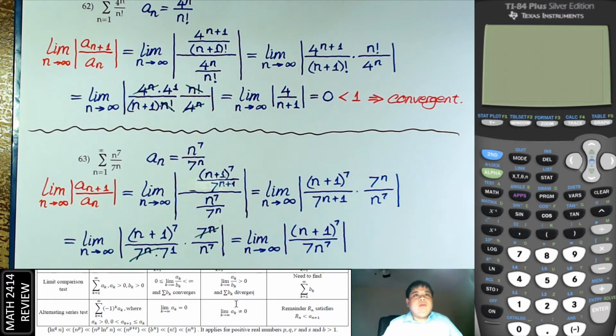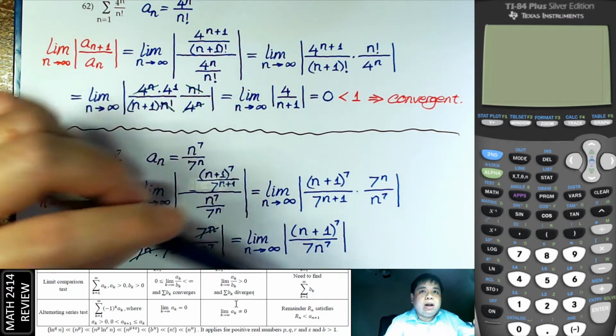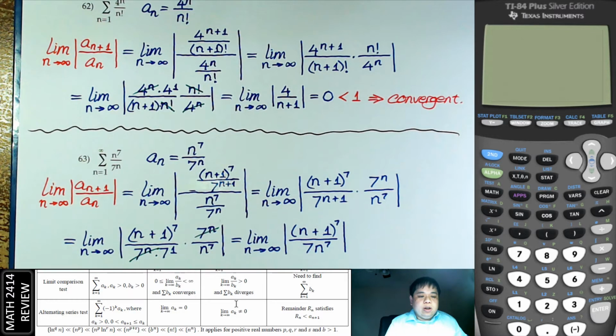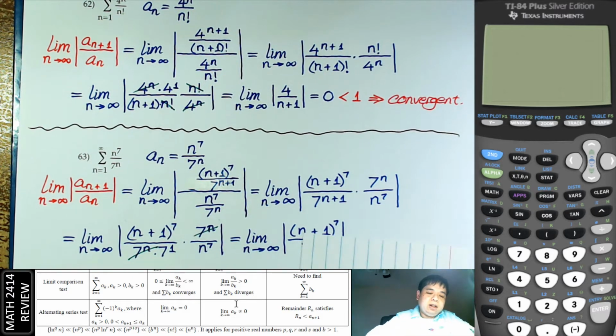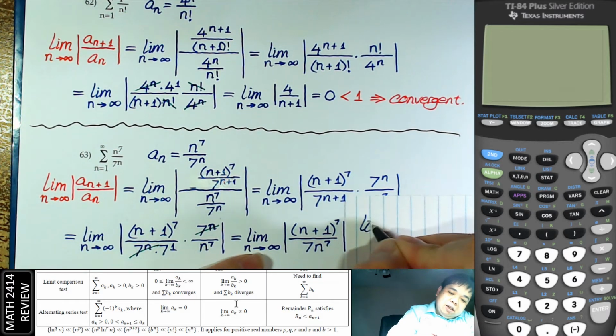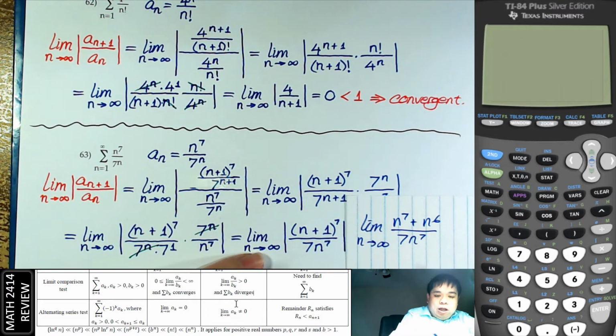Right, so what is this limit? Well, we cannot really simplify anything. However, as n goes to infinity, n plus 1 is also infinity. So remember, we have something like limit if it is n to the 7 plus n to the 6, for example, over 7 to the n to the 7 power. If this is the problem, we only need to take the higher power, right?